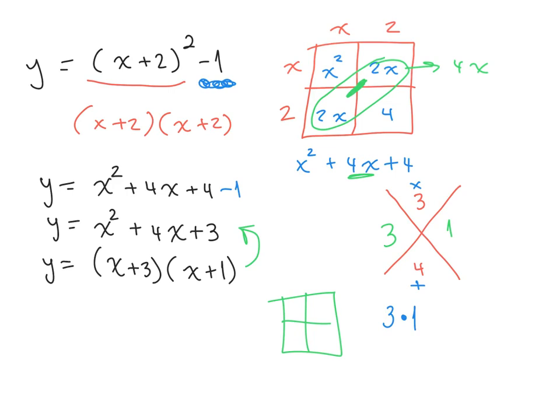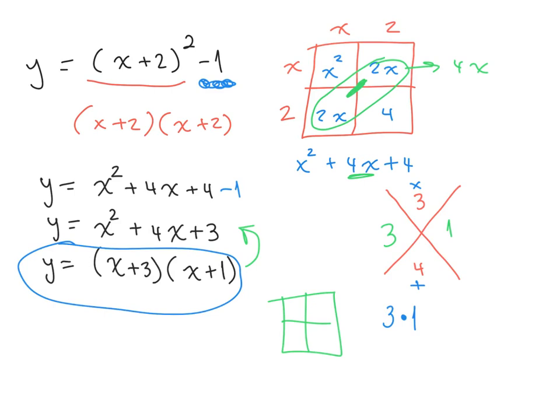But for us, our goal was to change this equation in vertex form into an equation in intercept form, and we did that. So our final answer is y equals the quantity of x plus 3 times the quantity of x plus 1. So that's the equation of the parabola in intercept form.